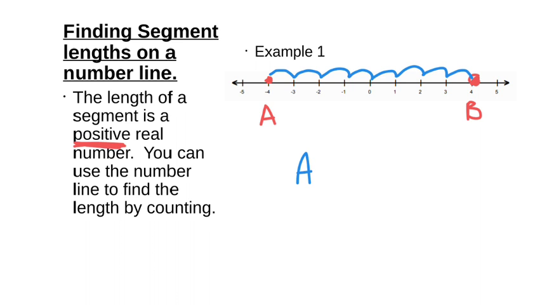So the length of AB with the segment labeling would just be 8. It doesn't matter if I landed down here in the negatives or if it's down here in the positives. If you just count, the length has to be positive.